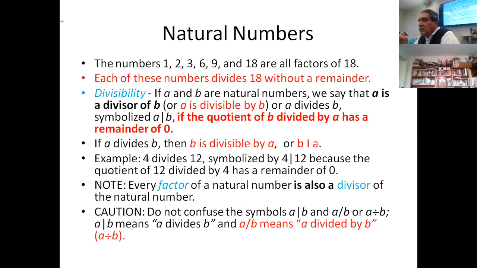When we talk about divisibility, we say if A and B are natural numbers, we say that A is a divisor of B, or B is divisible by A, or A divides B, and we symbolize it by this: A, the horizontal bar, B, if the quotient of B divided by A has a remainder of 0. If we say A divides B, then B is divisible by A, we write it the other way around, B bar A.